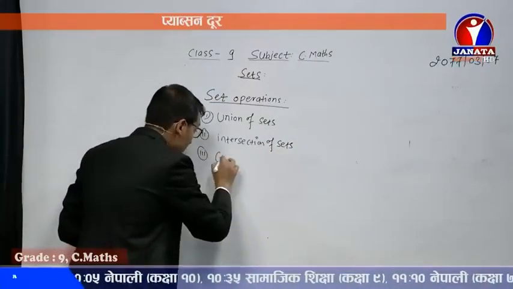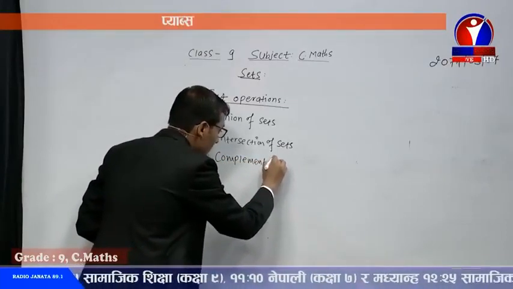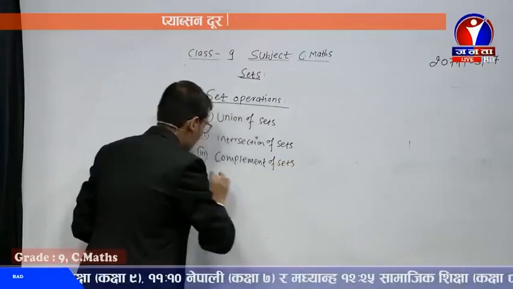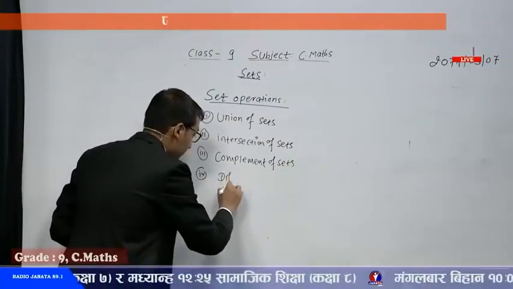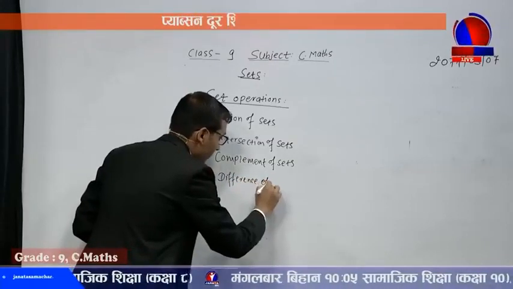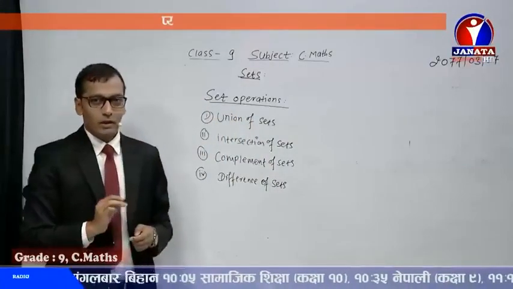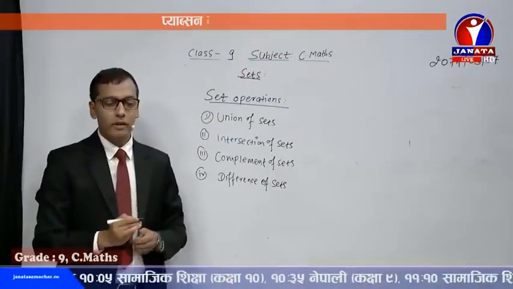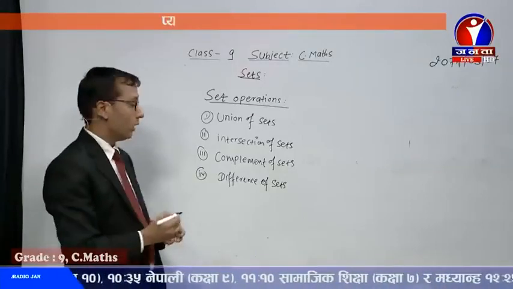Third is complement of sets, and fourth is difference of sets. So these are the four different set operations that we need to know.